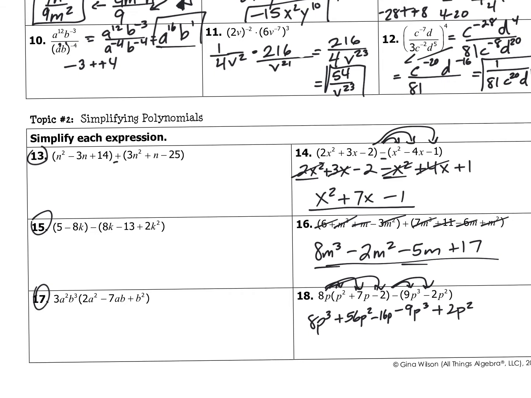Okay, now combine like terms. 8p cubed minus 9p cubed is negative p cubed, or negative 1p cubed. 56p squared plus 2p squared is 58p squared. And then minus 16p, that's all we got left. And that's the answer.